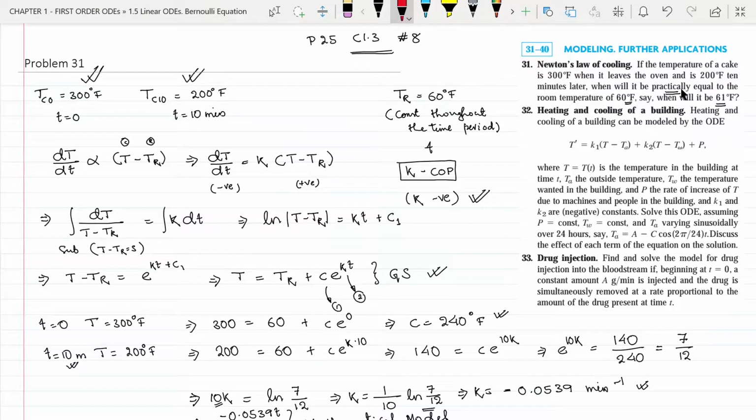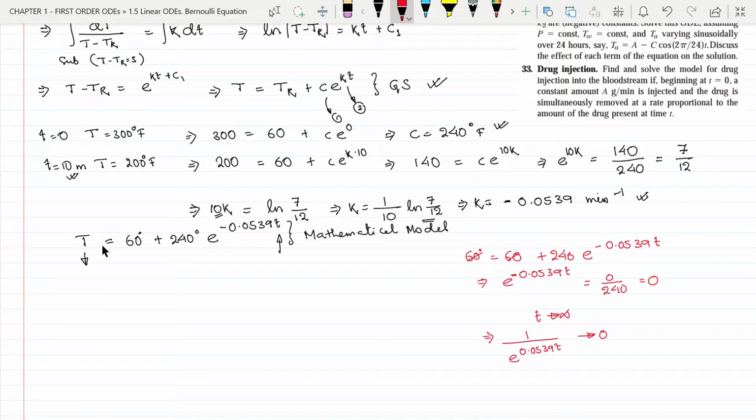So that is why in the question it is asked at what time the cake will practically reach the room temperature, or approximately reach the room temperature, say 61 degrees Fahrenheit. So to know that time, we will put T equal to 61 in here and evaluate the time. So let us do that.